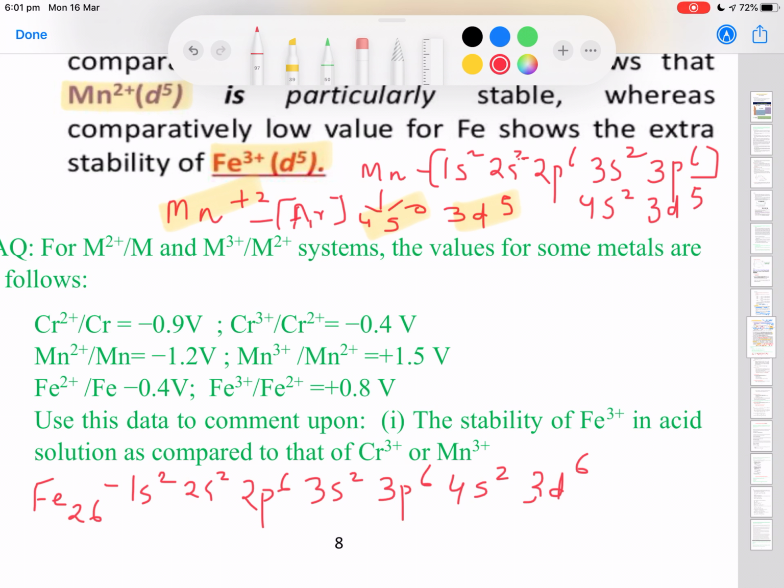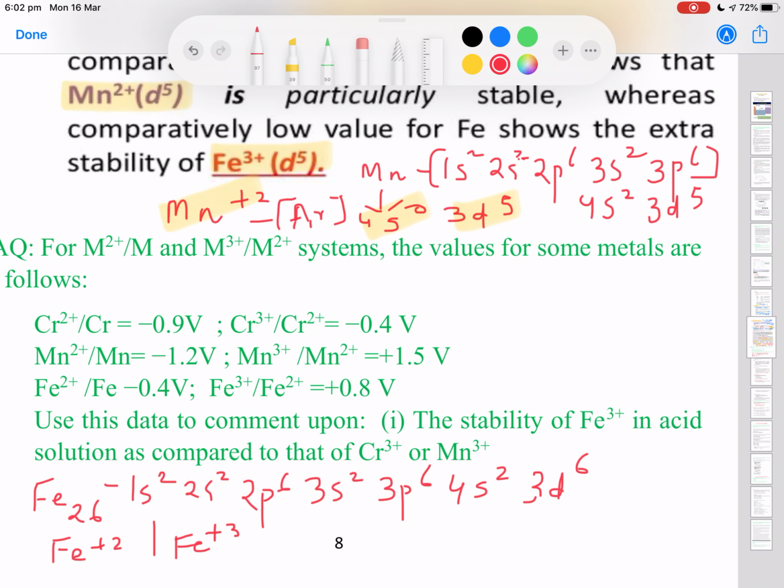So what should I do? I should find a state in which the iron becomes more stable. You know that iron can only exist in two states. That's ferrous state, Fe plus 2, and ferric state, Fe plus 3.